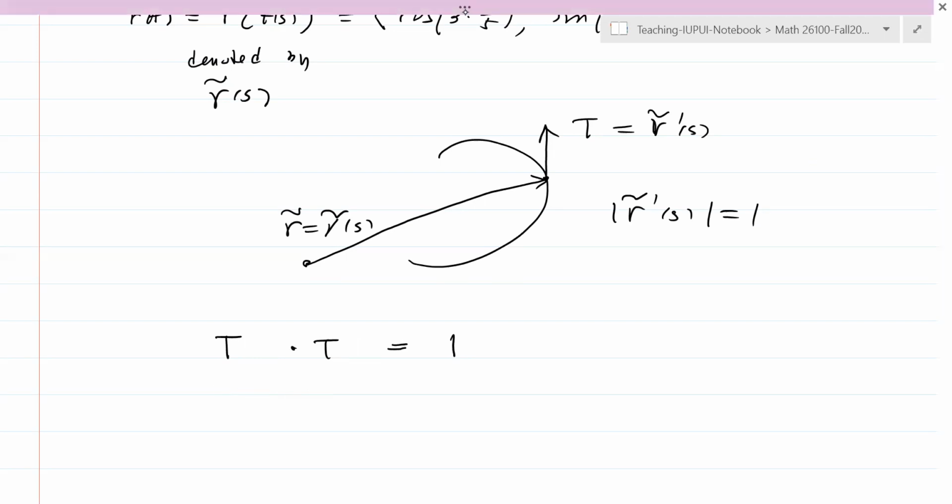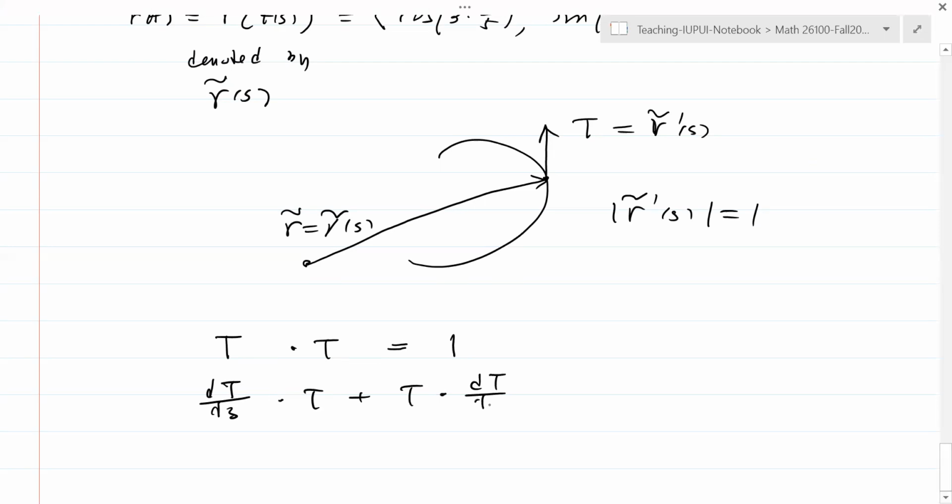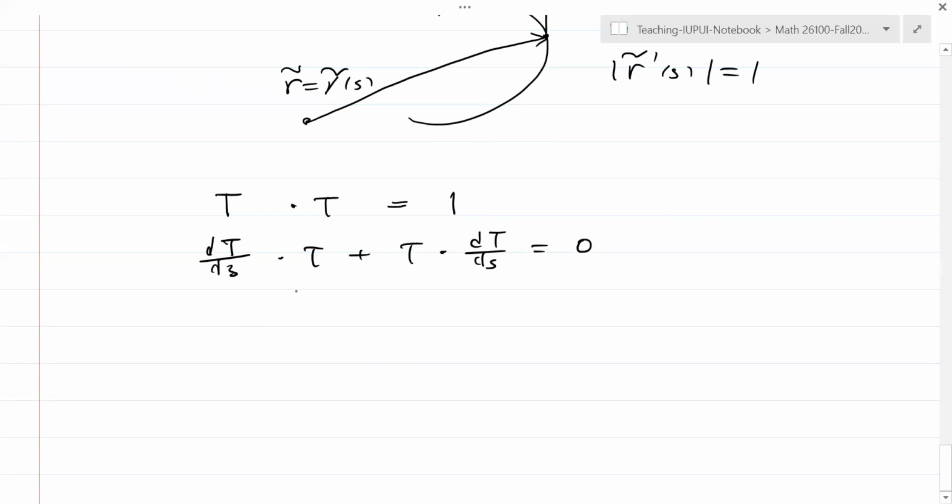When I differentiate with respect to s, on the right-hand side the derivative of 1 is 0. Since those two vectors can be switched, you get twice dT/ds dot T equals 0.